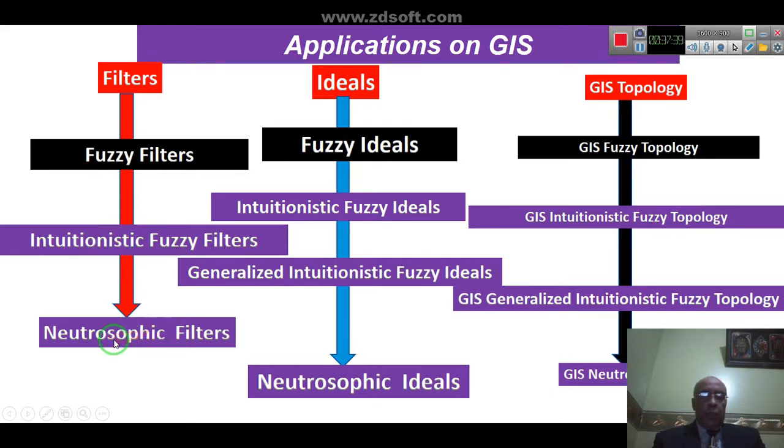Neutrosophic filters contain all types of filters. Neutrosophic ideals contain all ideals. Neutrosophic GIS topology is a generalization of all types of GIS topology.